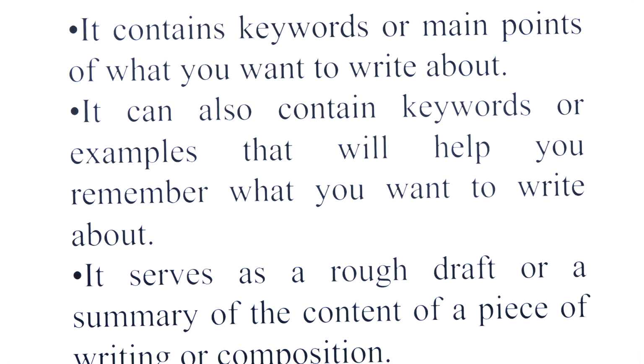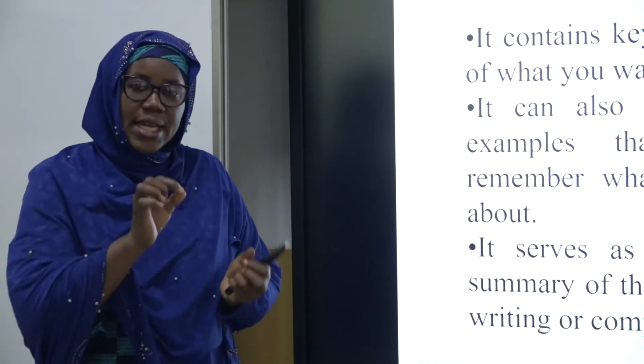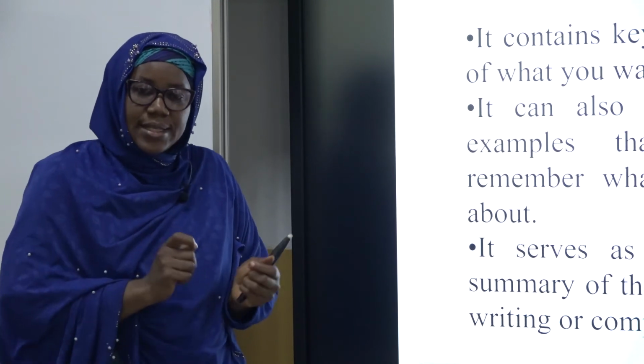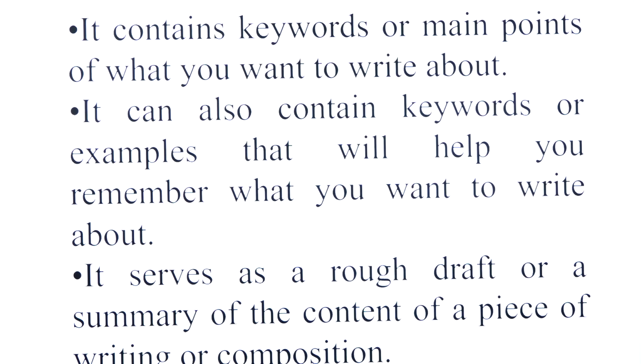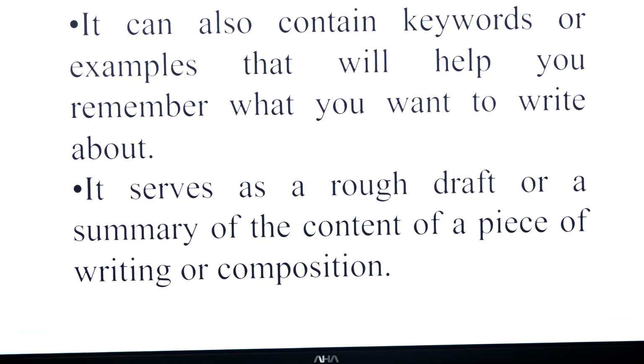It can also contain keywords or examples that will help you remember what you want to write about. As you are taking down your outline or topic sentences, if there are examples, you can add them. It serves as a rough draft or summary of the content of a piece of writing or a composition.